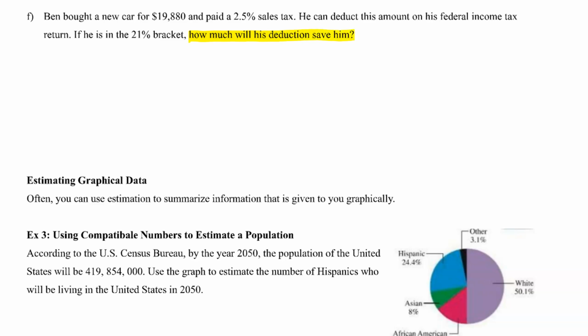So this problem has multiple parts to it. The first thing we need to do is look at how much he is going to pay in sales tax. So we are using compatible numbers again. We know that Ben's new car is $19,880, so we can approximate and say that's about $20,000.